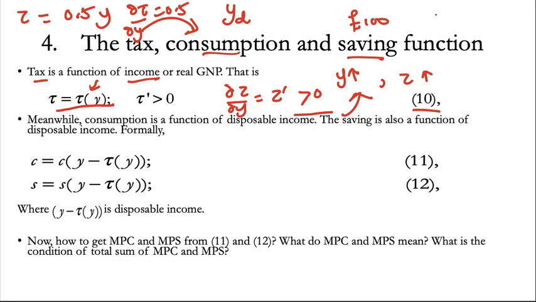That means if income increases by 1 unit or 1%, then tax collection increases by 0.5. That is what it means. So this is very clear because we have a specific function. But what we have here is not a specific function because we don't know by how much it increases.